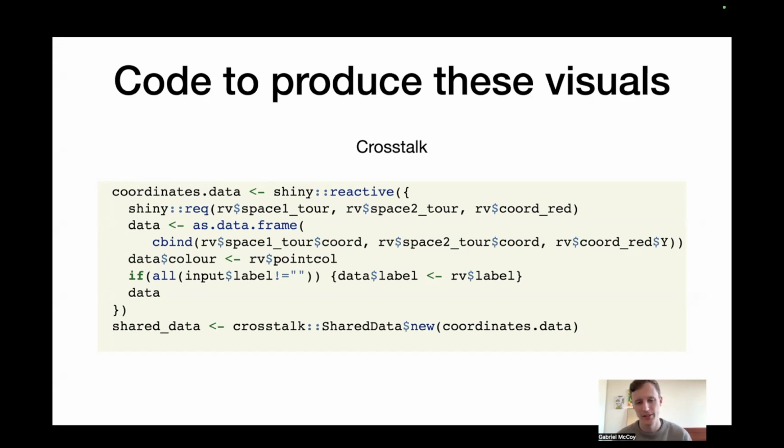To produce these visuals, the first thing that we do within our Shiny server is we define a reactive variable, and we set that up holding a data frame with all of the data we need for the three plots. And we pass this reactive variable to Crosstalk to create a shared data object. And so that holds all of the data as well as any selection that we make on the data.